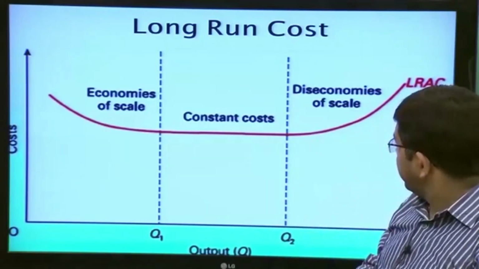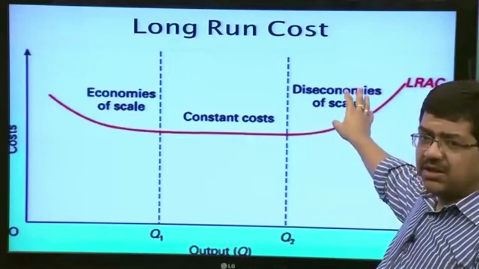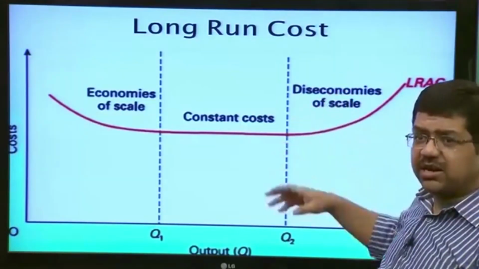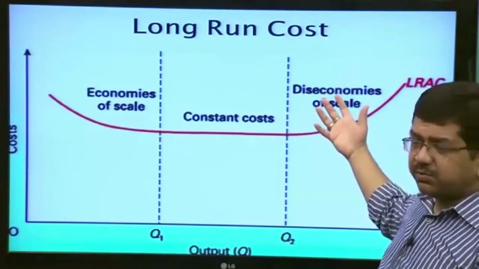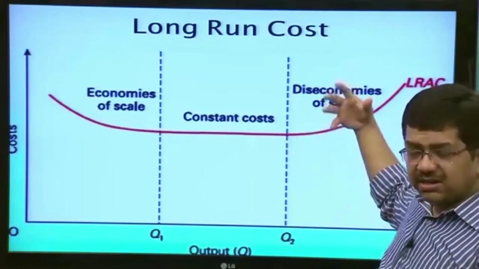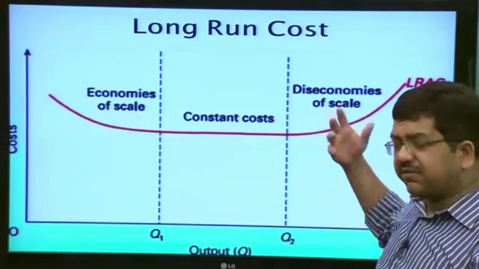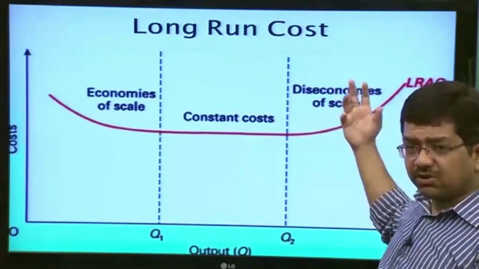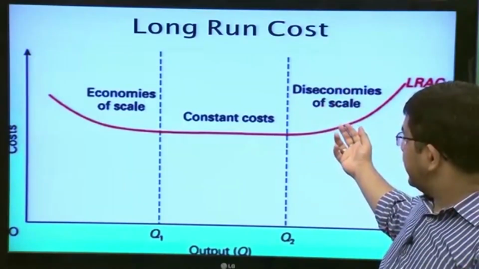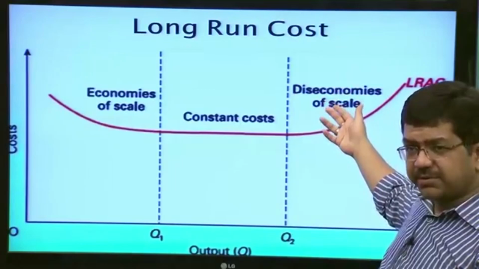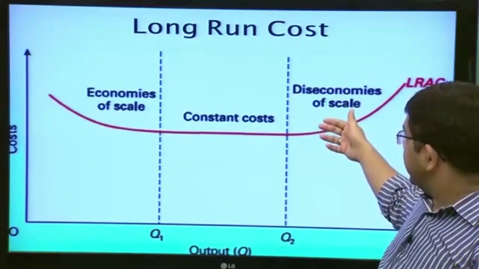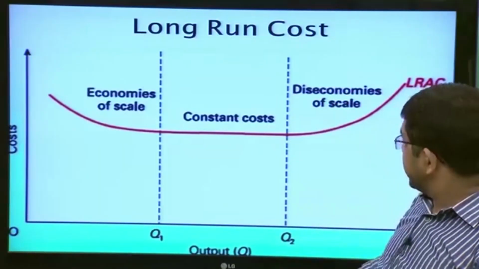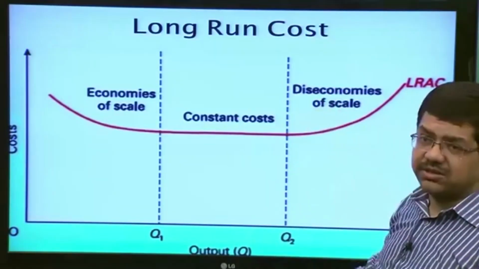It is said that once you come into this region, the cost of producing a large number of outputs, managing different plants or different operations, and the cost of coordination also increases disproportionately, and that will result in an increase in the unit cost.